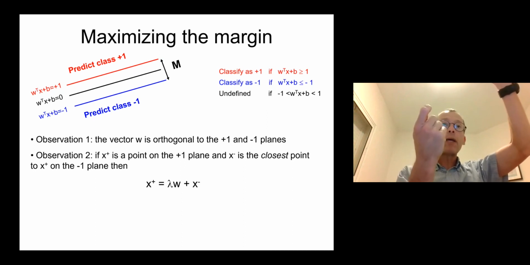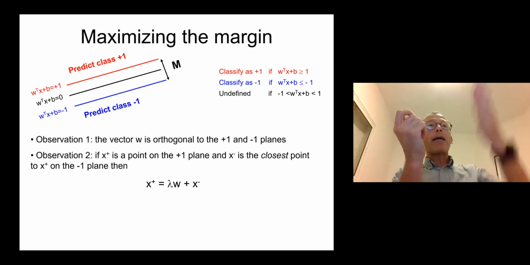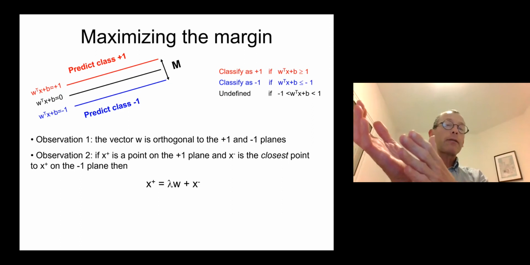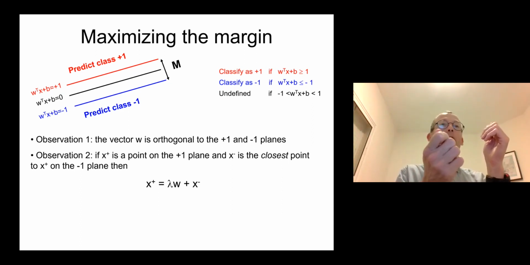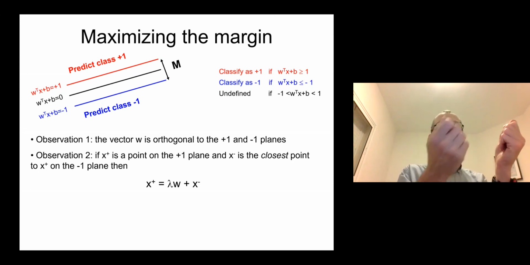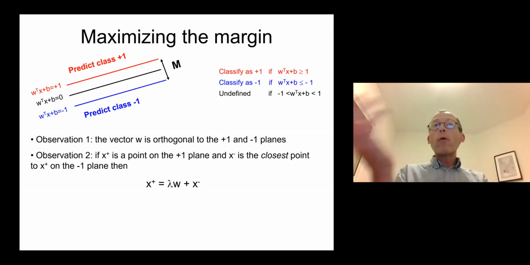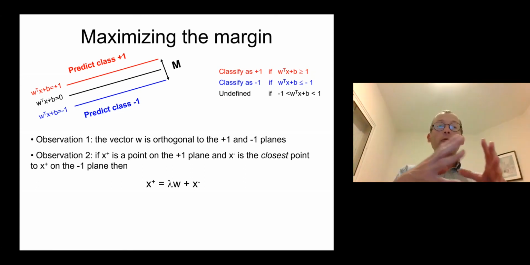Which point is that going to be? It's the point defined by a vector at 90 degrees, or orthogonal, to a vector defined by the point that I took on the +1 plane. Which vector is orthogonal to any point on the +1 plane?